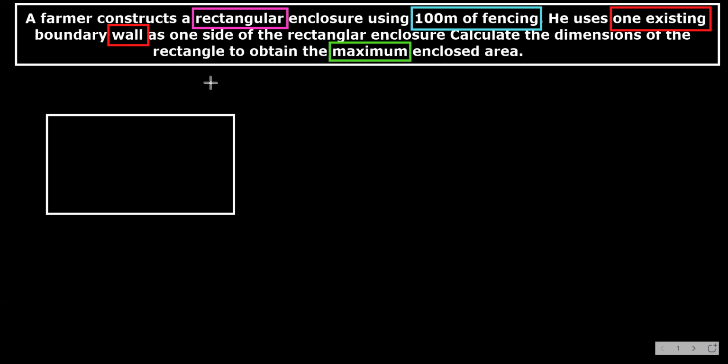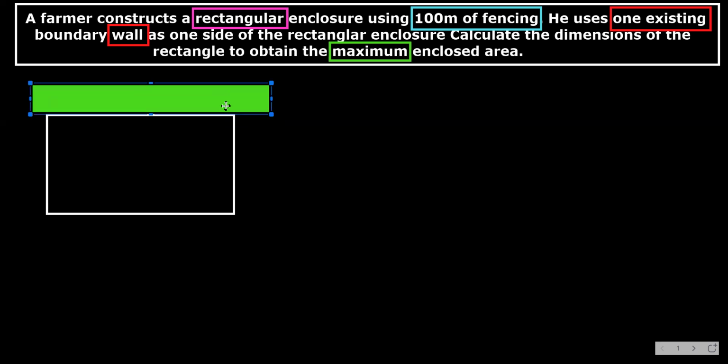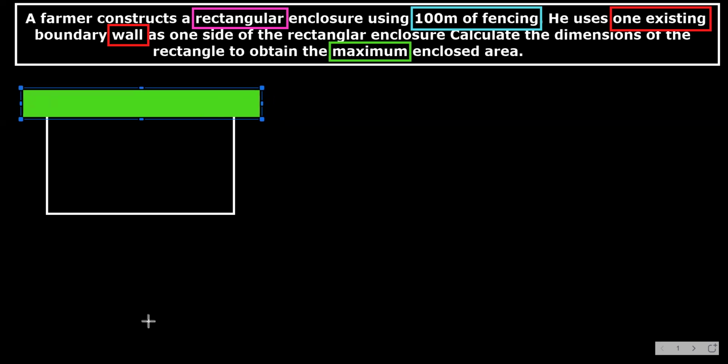It can be any of the four sides. It doesn't really matter which one you choose. But I'm just going to do something like this to show that one of the sides has been, well, you get what I'm trying to say. Let's say the farmer is using a wall, so we don't need fencing along that side.